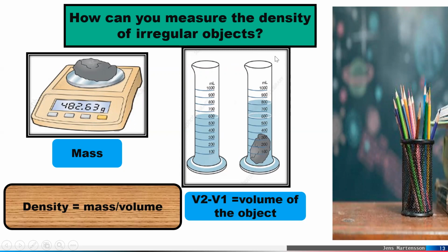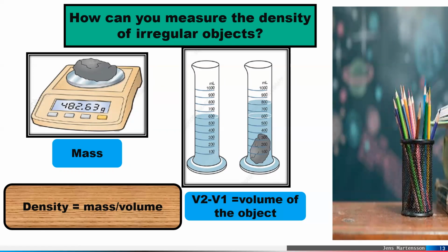Then gently immerse, using a thread, the irregular object in the measuring cylinder and record the new volume, which is V2. Then finally subtract the original volume from the new volume, V2 minus V1, which is the volume of the irregular rock.